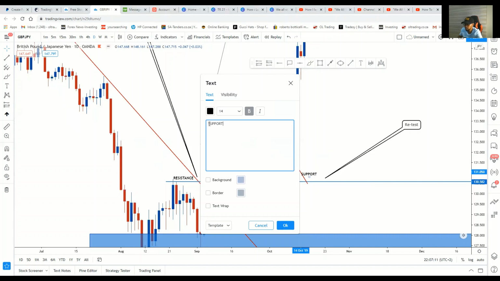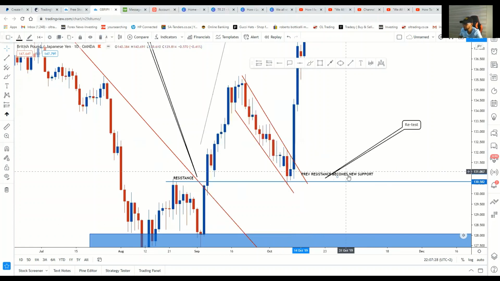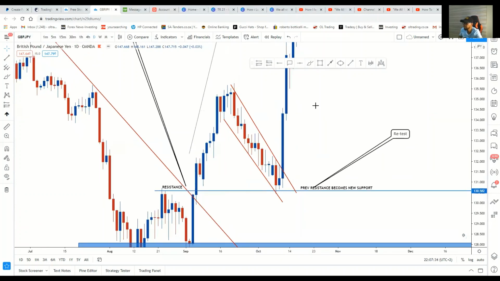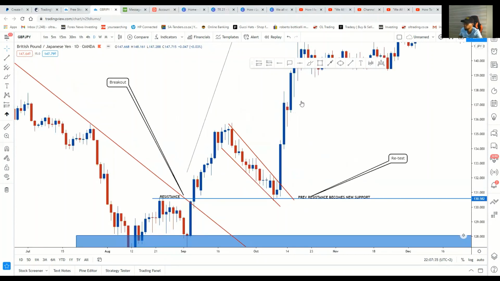Trend line, let me say previous resistance becomes new support, because now we are on top of it. It cannot be resistant anymore. Where's our next resistance? It is this one now, before all this happens.